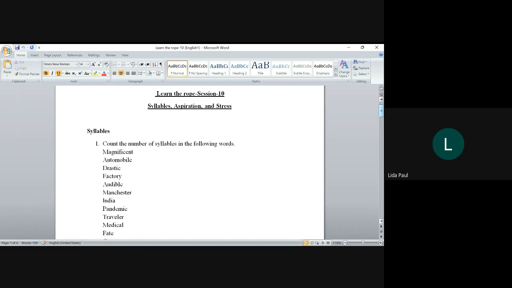Now, in terms of syllabification, because you are going to get more questions on the count of syllables, right? If you understand these 2 points, then you automatically know that when you count syllables in a word, you're basically looking for the vowel sounds present in that word. Okay. So the moment you get a question on how many syllables, the first thing that should come to mind is how many vowel sounds. It's another way of asking how many vowel sounds are in this word, right?